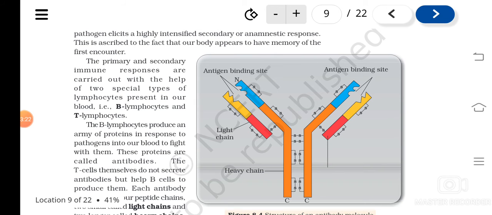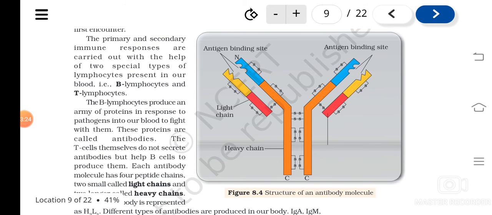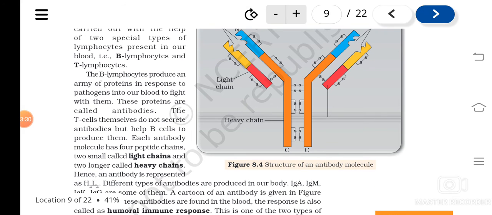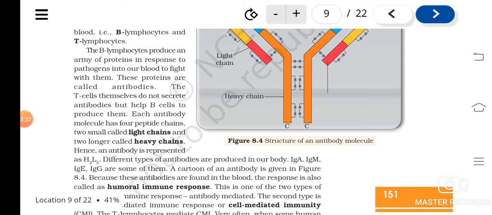And the primary and secondary responses are carried out by the cells called lymphocytes, isn't it? B lymphocytes and T lymphocytes in different ways. B lymphocytes give immunity by producing proteins called antibodies. T cells help the B cells to produce the antibodies.